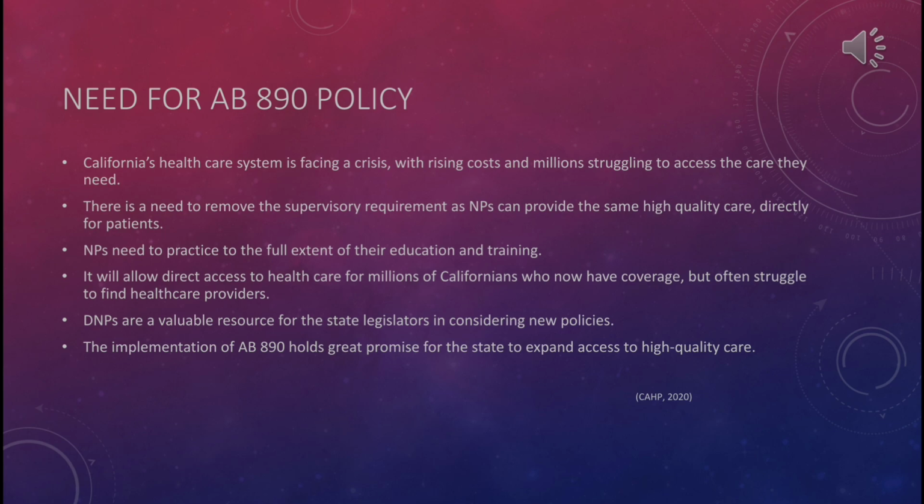It will allow direct access to healthcare for millions of Californians who now have coverage but often struggle to find healthcare providers. The NPs are a viable resource for the state legislators in considering new policies. The implementation of AB 890 holds great promise for the state to expand access to high quality care.